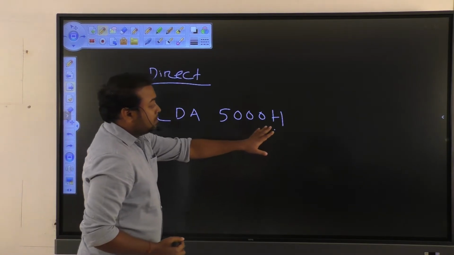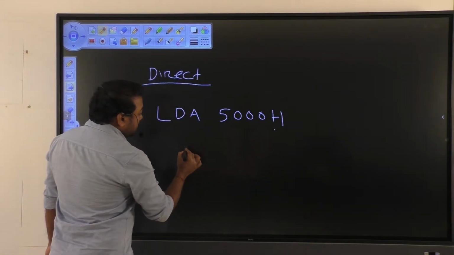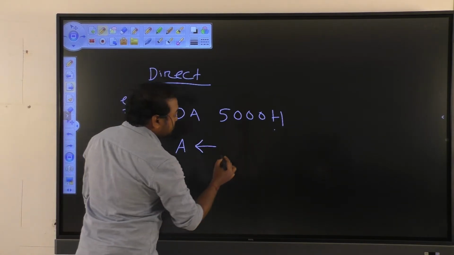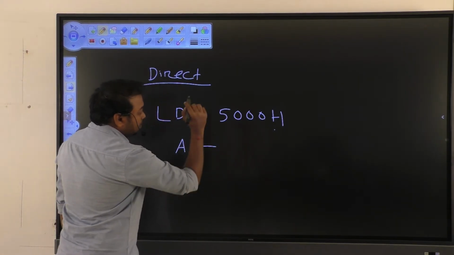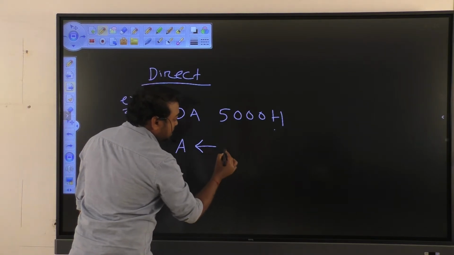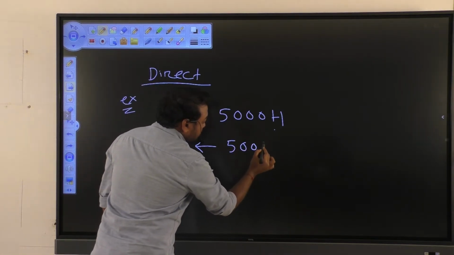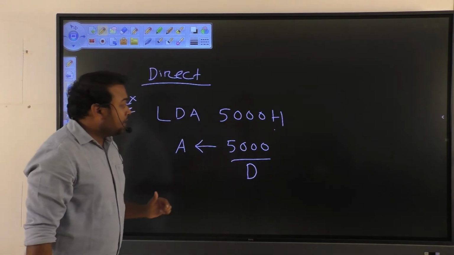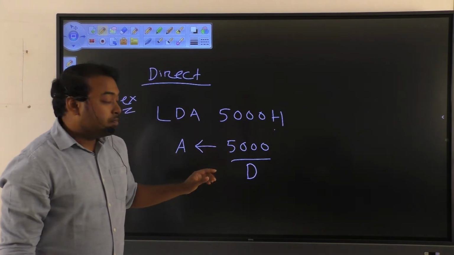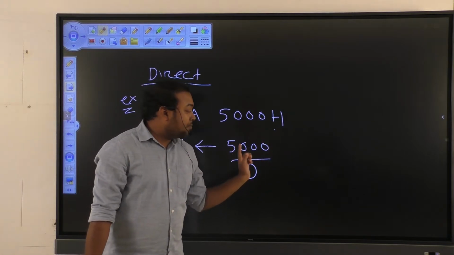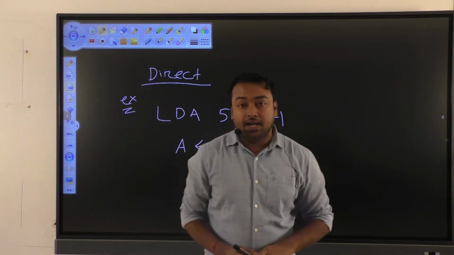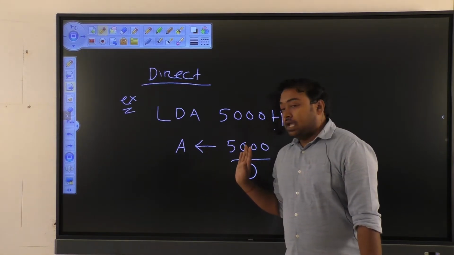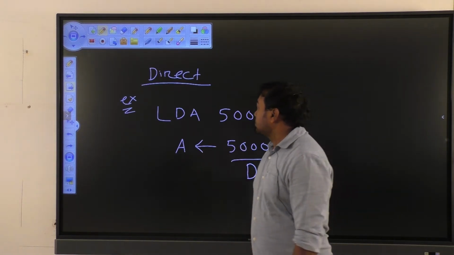LDA 5000H means the accumulator A receives the data present at the 5000H address, and the data is moved to A.